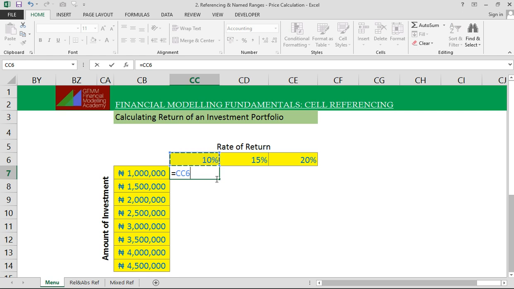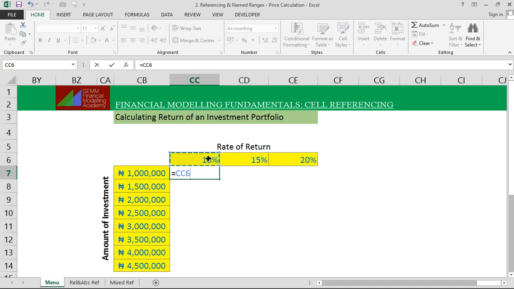So here, there is need to be careful when writing your cell address. Here we expect that when we copy to the right, it moves from 10% from CC to CD to 15%. So on copying right, we expect the column to move, and so there is no need of anchoring the column.